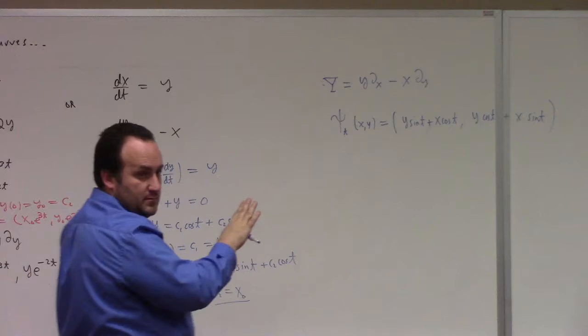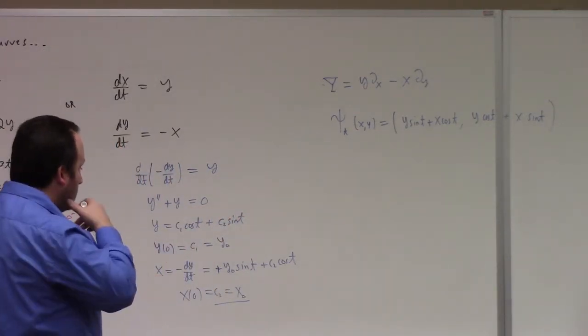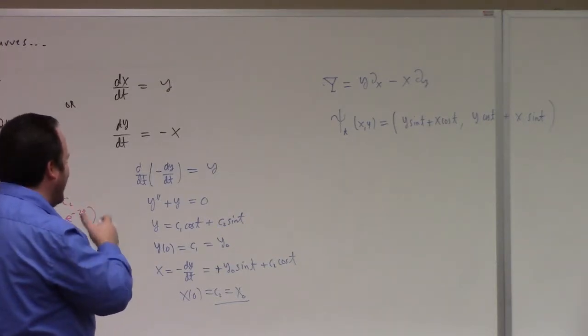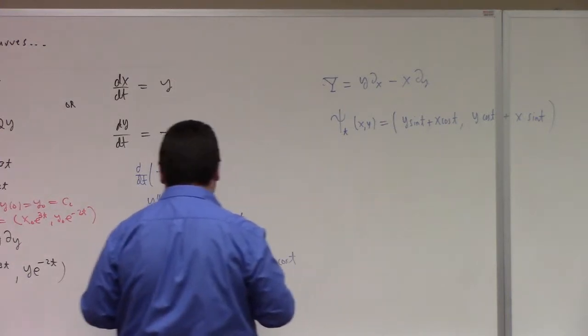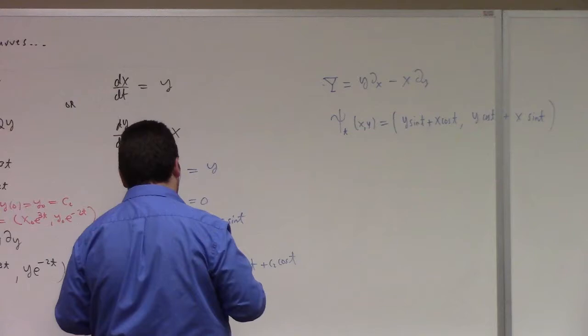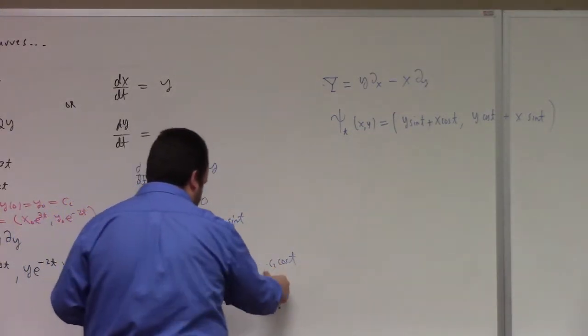No, we're good? Should the other one be minus? Yeah, y sine t minus x cosine. Oh, yeah, I'm sorry. Did I fail to distribute this minus, haven't I?